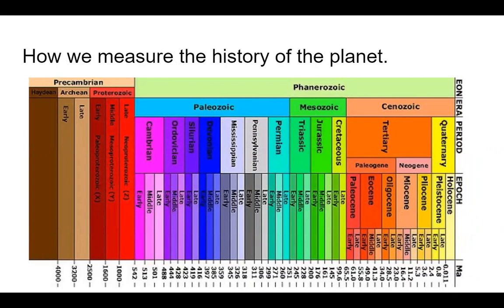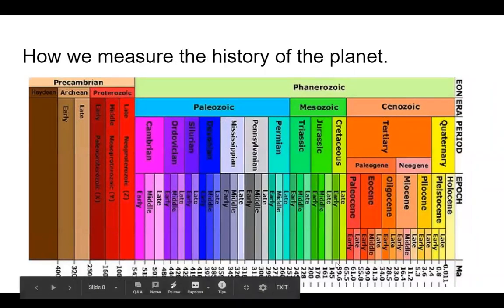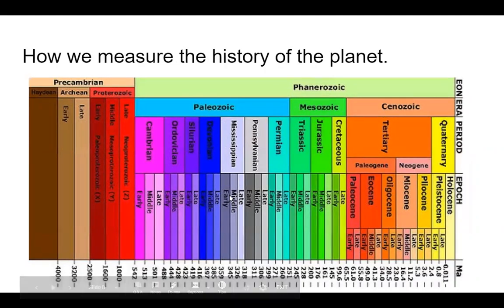We do use millions of years to measure the age of the Earth, but it's a little bit more complex than that. We use terms that are a little bit strange to most of us. I'm sure that most of you recognize this one right here.